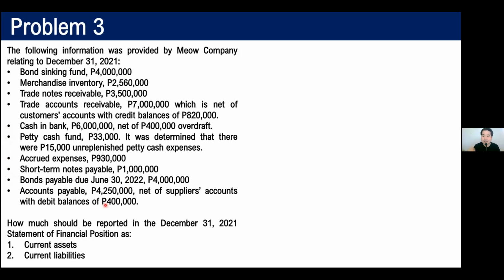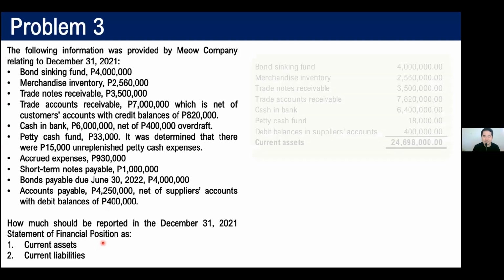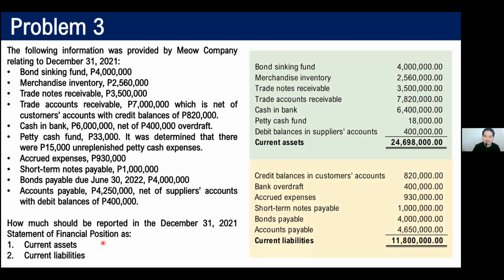So, mga naka-net yung mga adjustments natin. So, check natin kung paano gagawin. How much would be reported in the December 31, 2021 statement of financial position as current assets and current liabilities? I present it to you sabay kasi may mga items na i-adjust mo dito, yung iba lalagay mo sa baba or dito sa baba, lalagay mo siya sa taas. So, sabay nating isa-isahin. Okay.